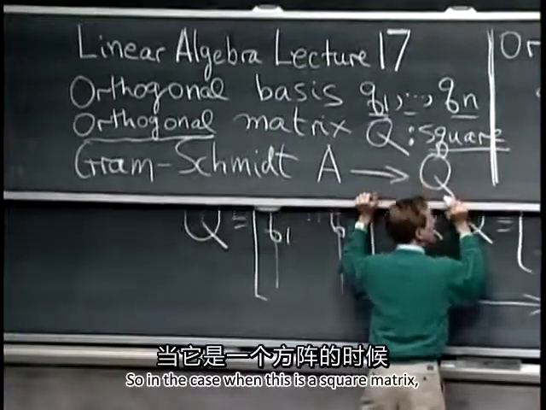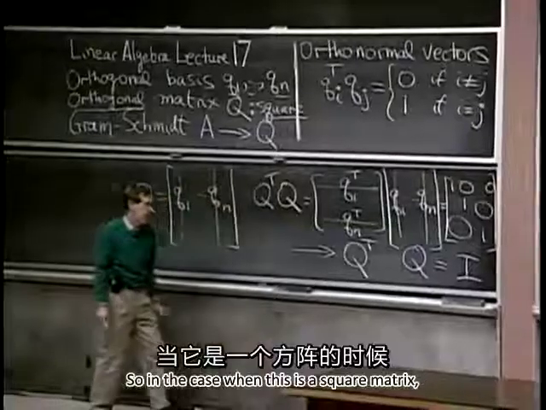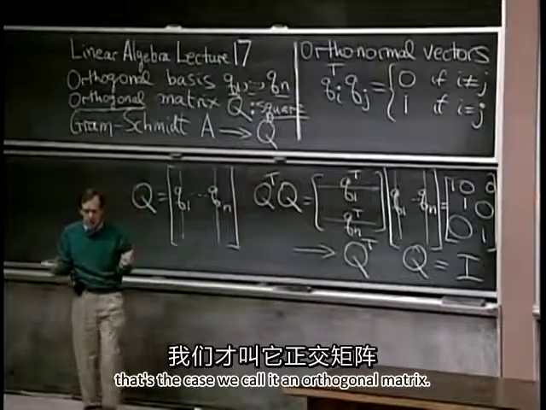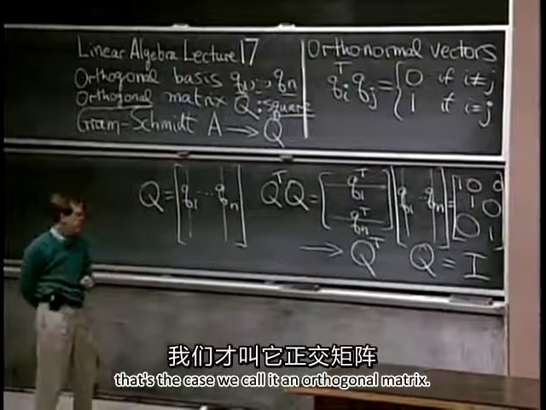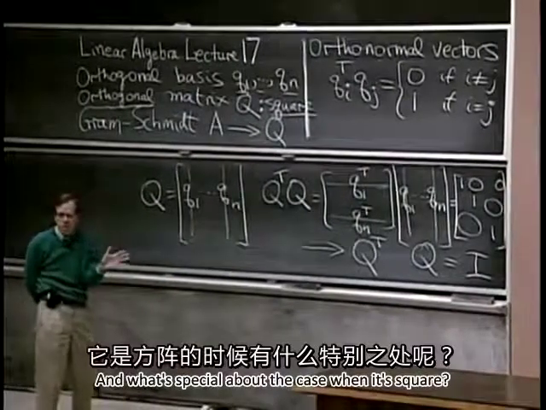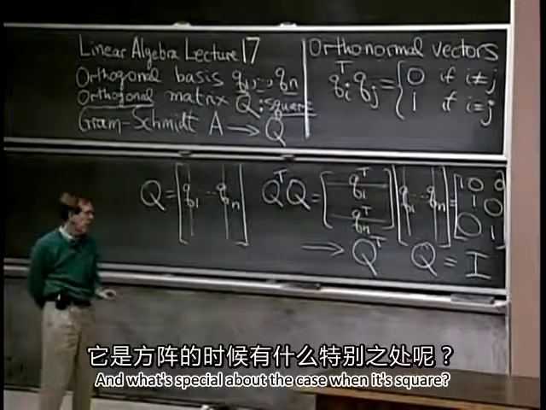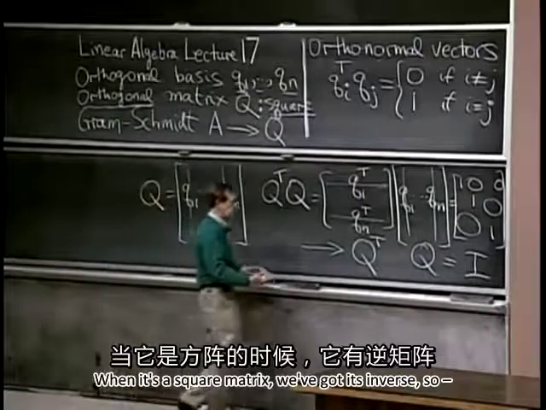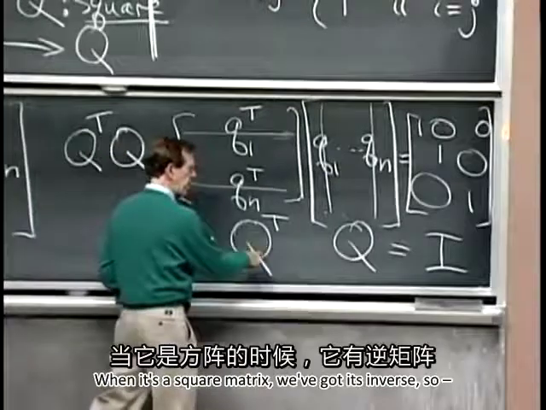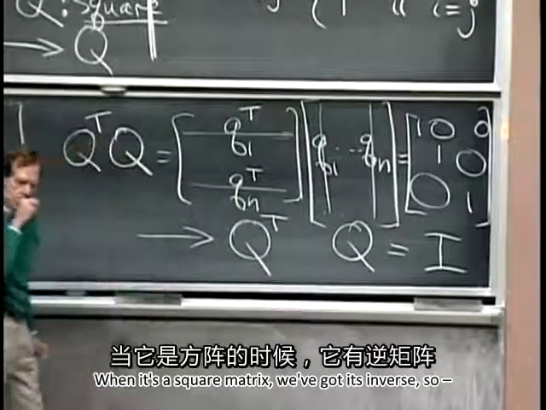So in the case when this is a square matrix, that's the case we call an orthogonal matrix. And what's special about the case when it's square? When it's a square matrix, we've got its inverse.